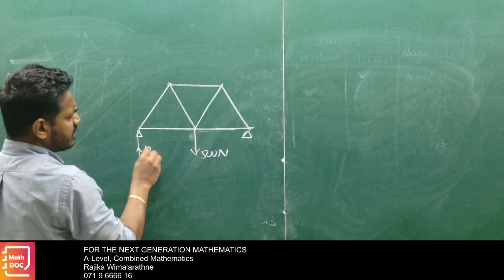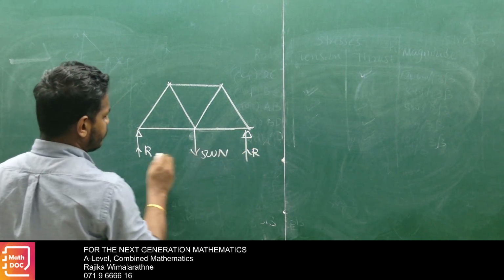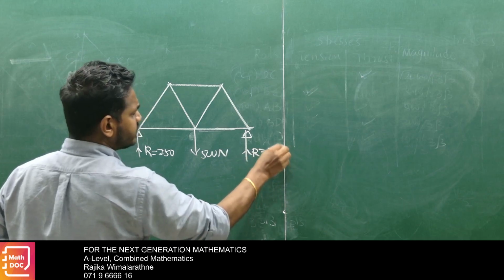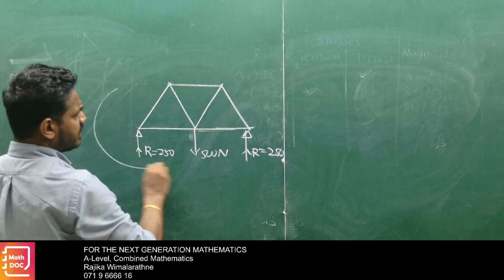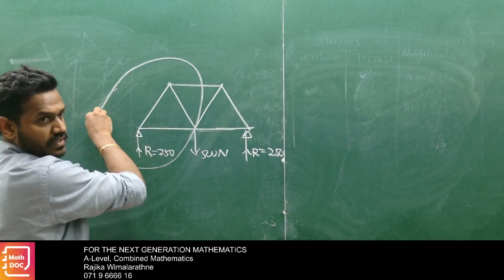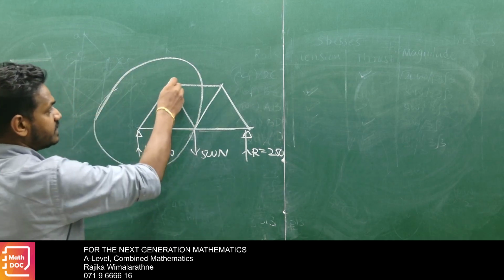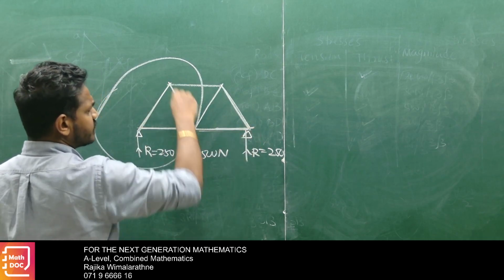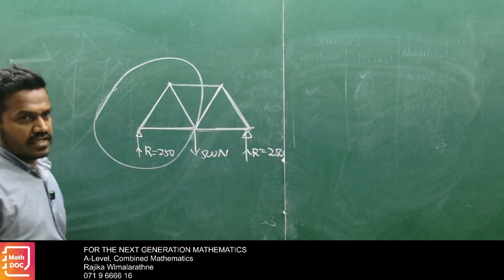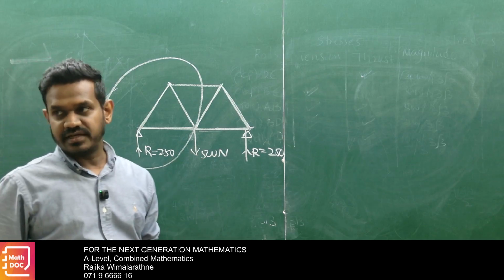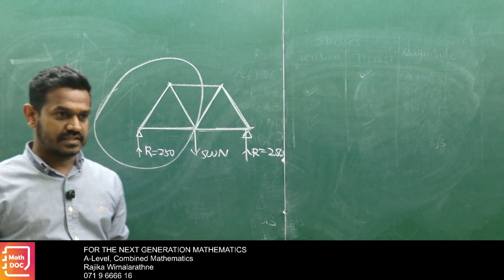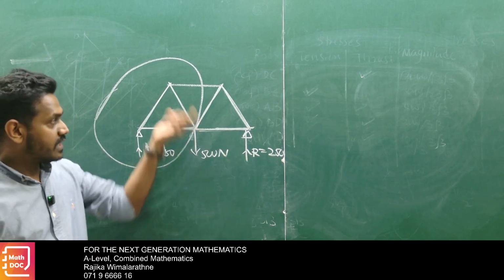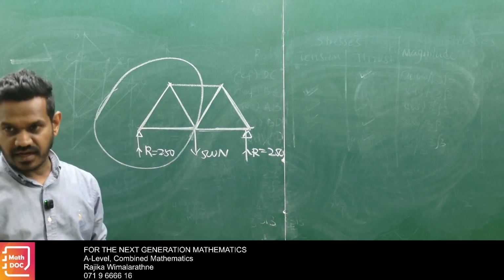You mark here R, 250, no? 250. You can consider half, because this rod equals this, and this rod equals this. If there is a symmetrical system, then the diagram and forces must be symmetrical. Then you can take only half.